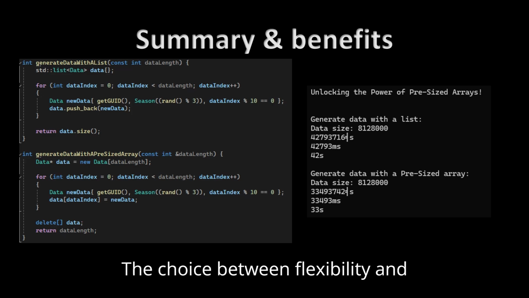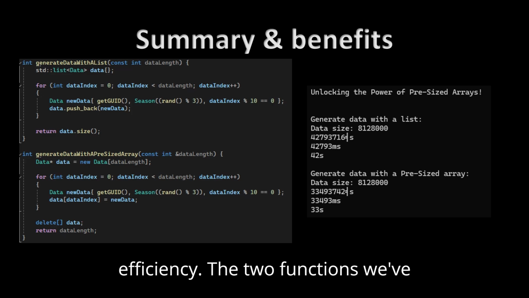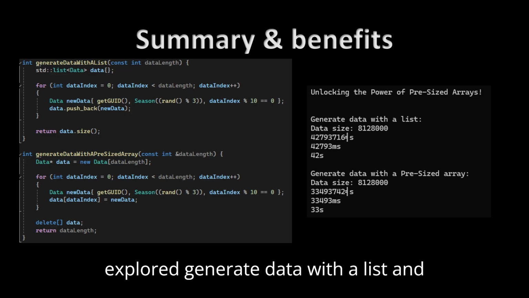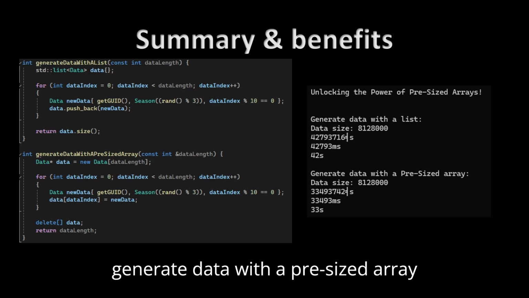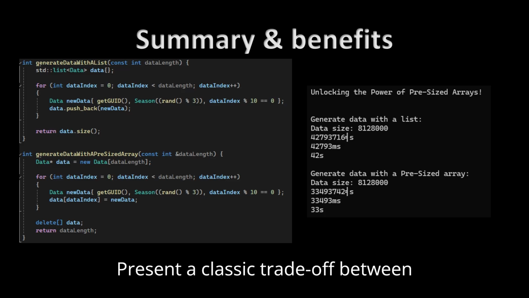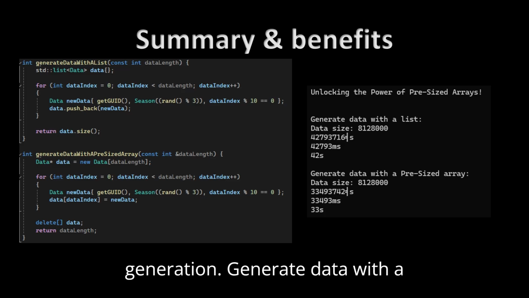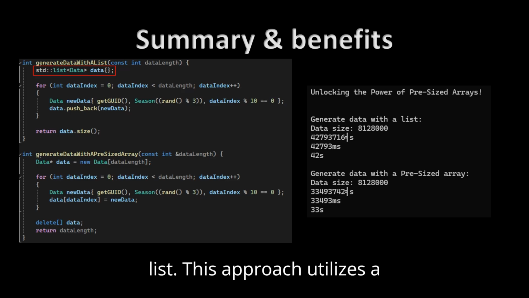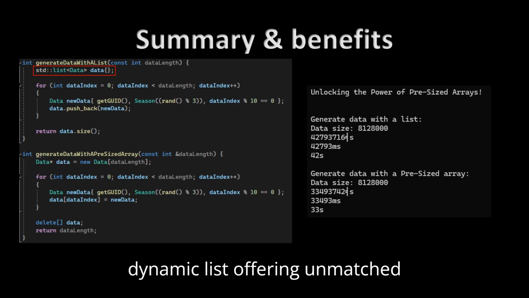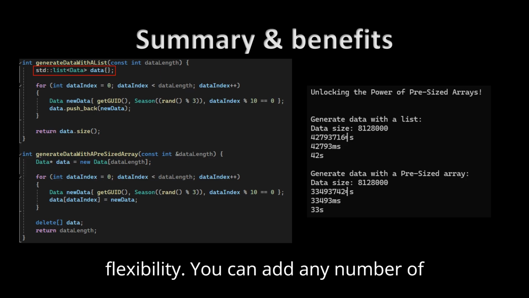The choice between flexibility and efficiency. The two functions we've explored, generate data with a list and generate data with a pre-sized array, present a classic trade-off between flexibility and efficiency for data generation. Generate data with a list. This approach utilizes a dynamic list, offering unmatched flexibility.